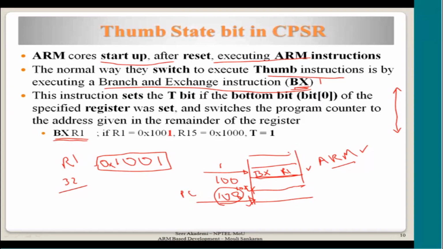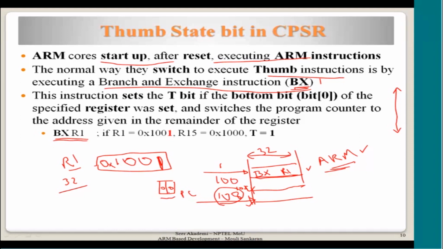Now using this instruction, branch and exchange with R1, and I am assuming that R1 has the content 1001. Please remember, in a typical scenario, any address for ARM state should have the last 2 bits as 0, because it is a 4-byte boundary. So these two do not actually have any value, correct?